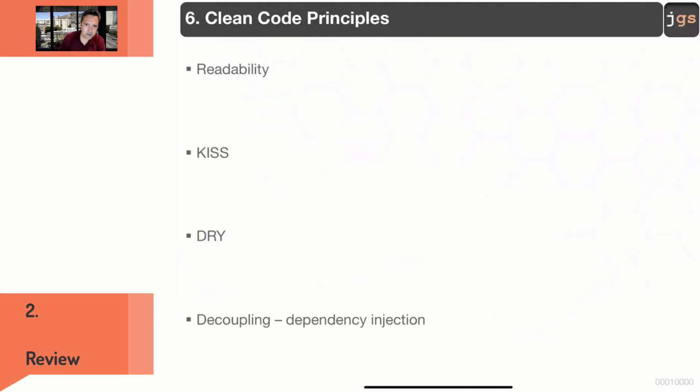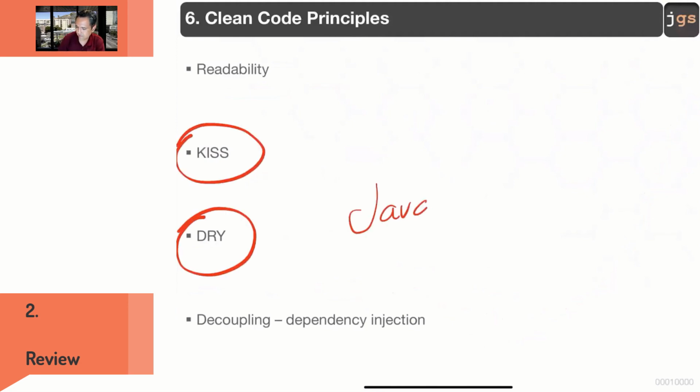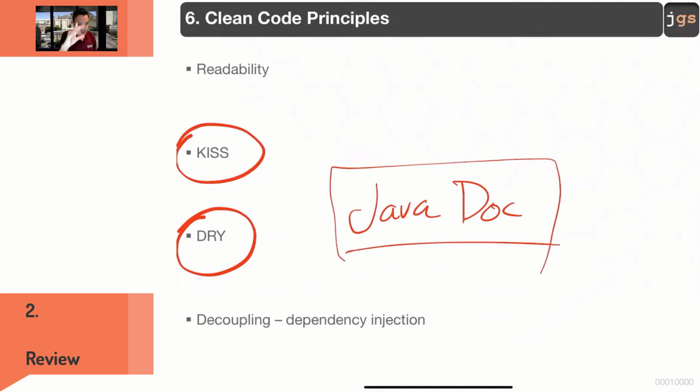I mentioned this: KISS, DRY, Javadoc. A few questions in your exam will ask you to identify if some source code is KISS or DRY. Also maybe one open question, with a few points, 3 points maybe, not the most important part, asking you to create the Javadoc for a class or for a method.